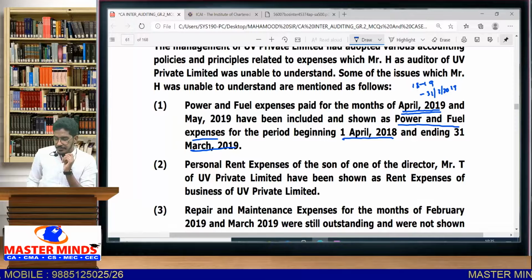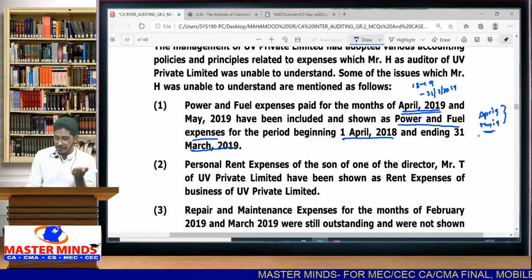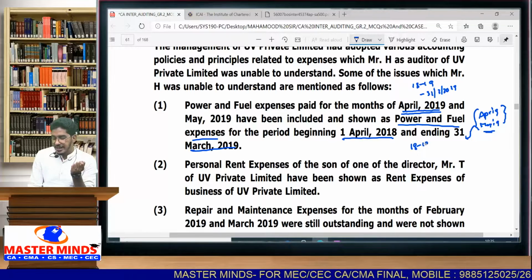So they have paid April 2019, next year, May 2019. These are 2 months of electricity expenses, power and fuel expenses, they have paid in advance and they are showing them as power and fuel expenses for the year 18-19.